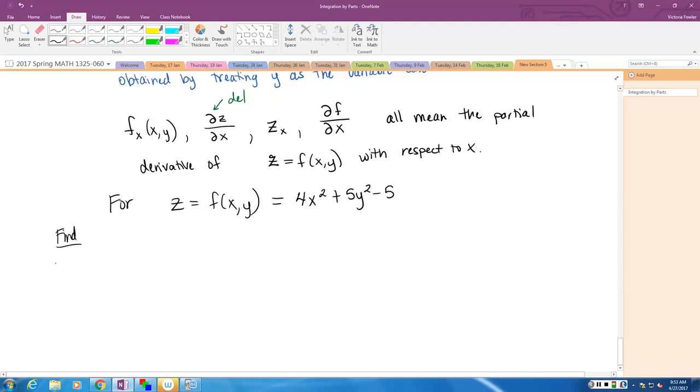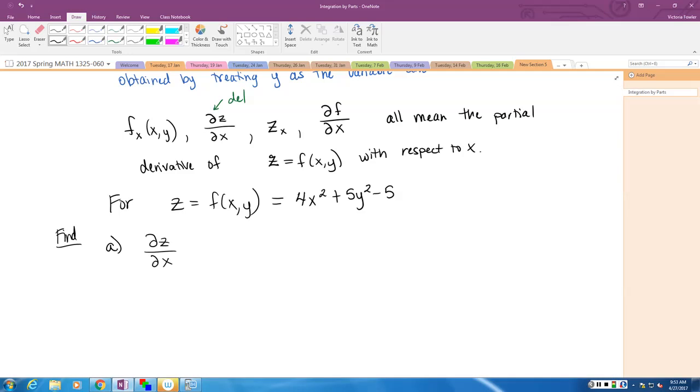What you'll see is a function given to you like this, a multivariable function, and there'll be a notation. It'll ask you maybe del z over del x, and then you'll have to go, oh, what does that mean? It means take the partial derivative of the function with respect to x.